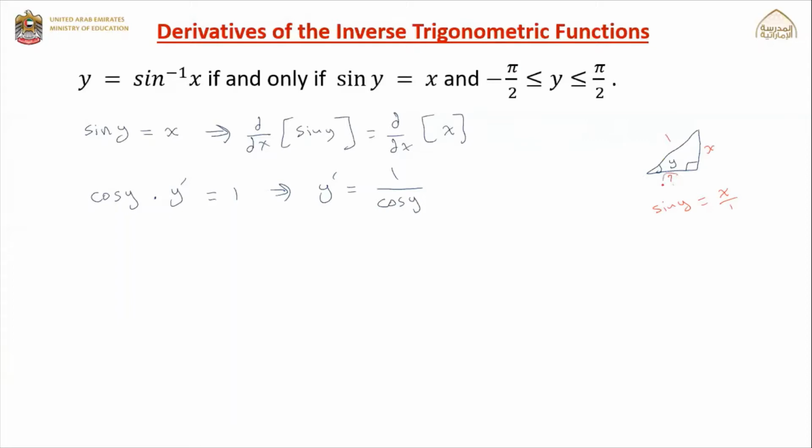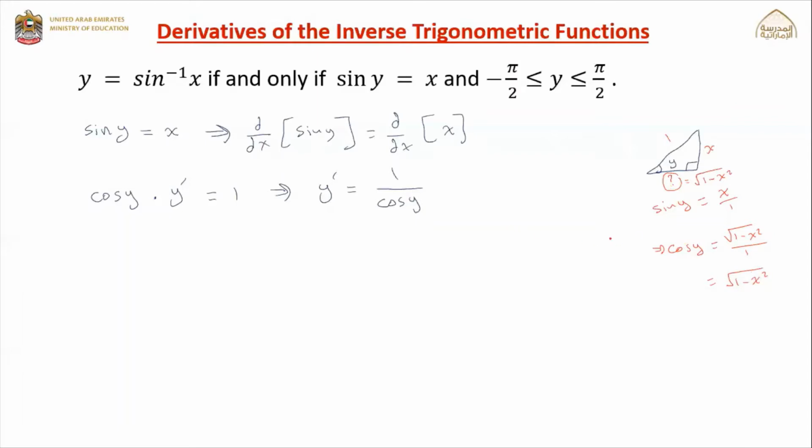What about this side? This side by Pythagoras theorem is radical 1 minus x squared. So what about cosine y? Cosine y is the adjacent over hypotenuse. So is radical 1 minus x squared over 1, which is radical 1 minus x squared.